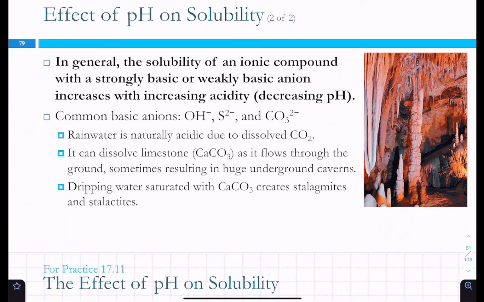So in general, the solubility of an ionic compound with a strongly basic or weakly basic anion, something like hydroxide, sulfide, because that can make H2S, which is a gas, or carbonate, because carbonate can also become carbonic acid, and carbonic acid will break down into a gas in water, will have increased solubility as pH decreases. So if there's more H3O+, then the anions will react, and they'll dissolve more readily.